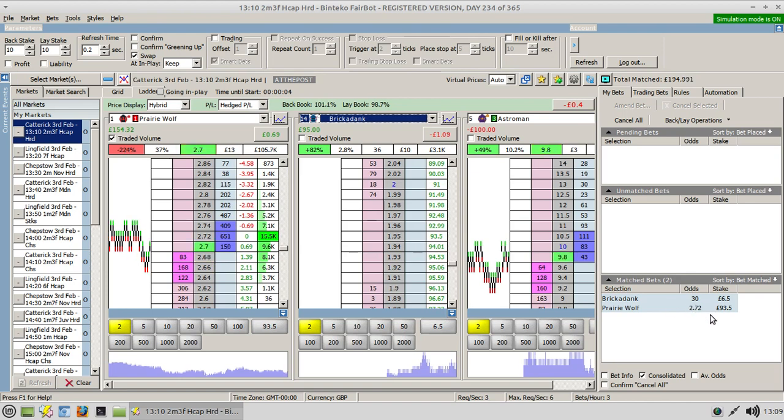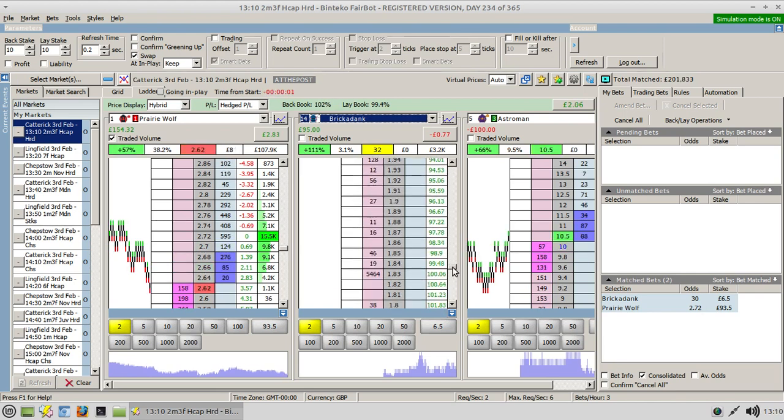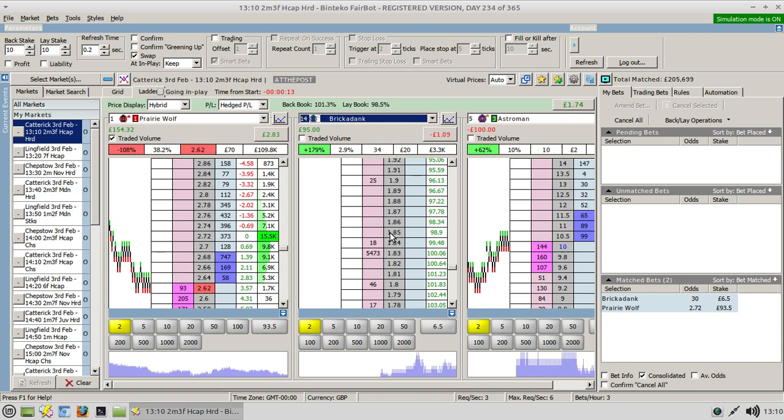All right, so we've got £93 to recover plus the £25. So you can see, and it's a bit skewed because I took smaller odds. But the point being is, you can see that Brickadank is going to have to run an absolute blinder in order to hit the green up profit, in order to contribute to that trade, as it were.